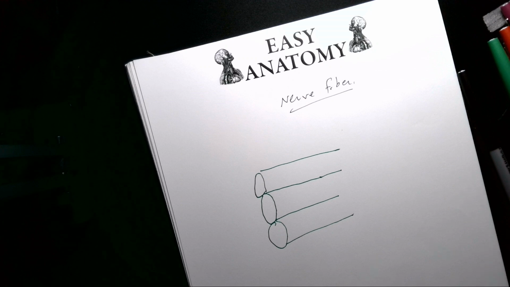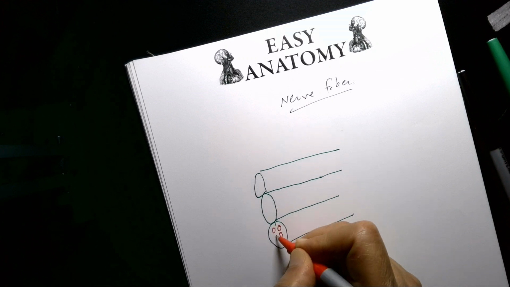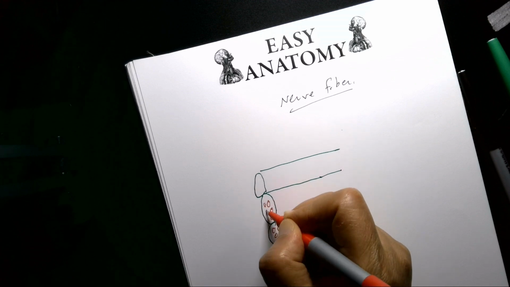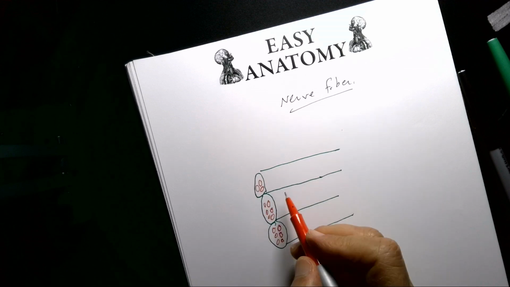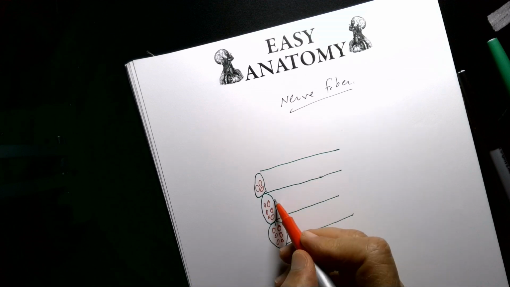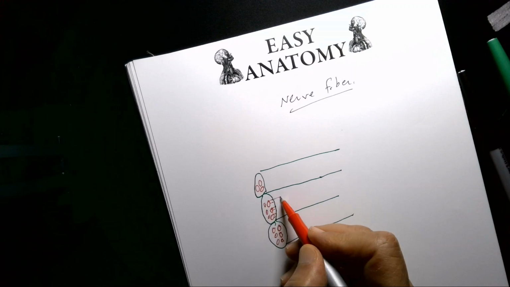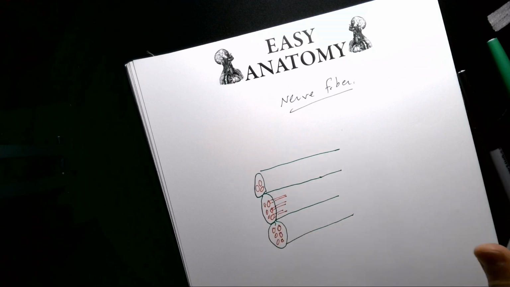Then you have axons inside here. Inside, what is this? This is the fasciculus.